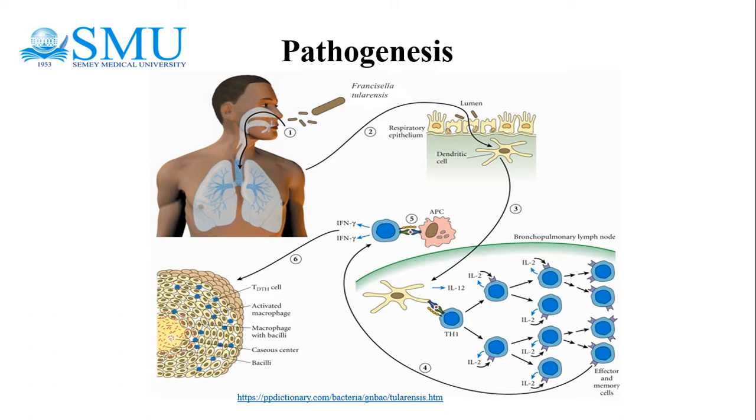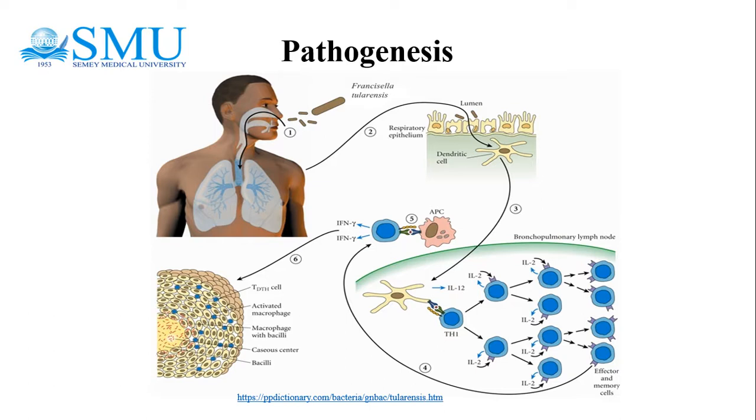Interestingly, it has been noted that a strong innate response involving interferon gamma and tumor necrosis factor is important for controlling bacterial replication in macrophages in the early stages of infection.